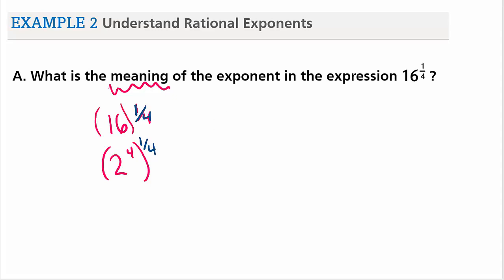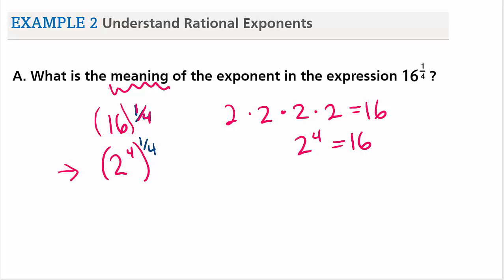So the 16 has become 2 to the 4th because 2 times 2 is equal to 4. 4 times 2 is equal to 8. And 8 times 2 is equal to 16. So 2 to the 4th is the same as 16. Now, back over to the left-hand side.